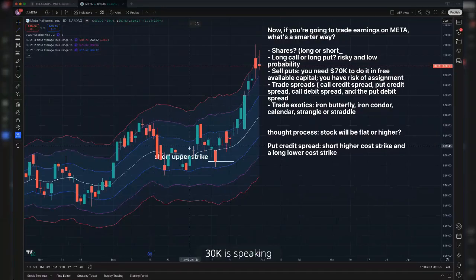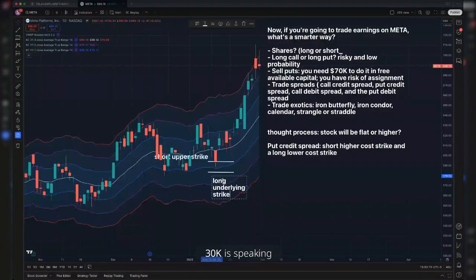And then you would do a secondary strike that would be a long underlying strike. All right, and so this is actually the key point to understand on how this works. So now we'll try to explain this in a non-confusing way, but once you get it, you get it.